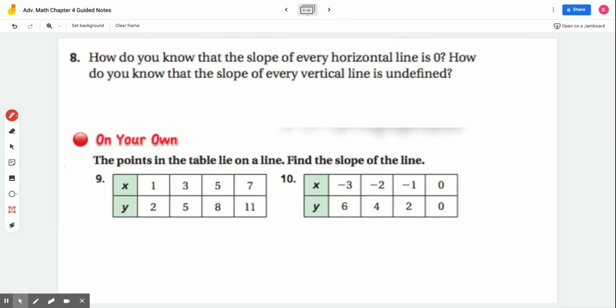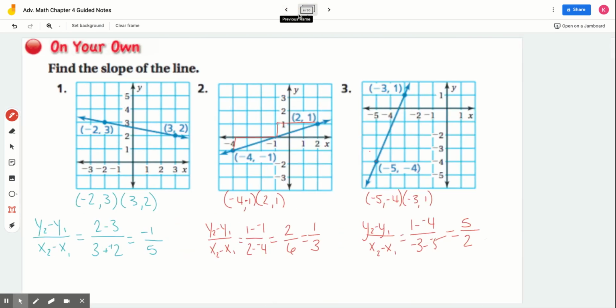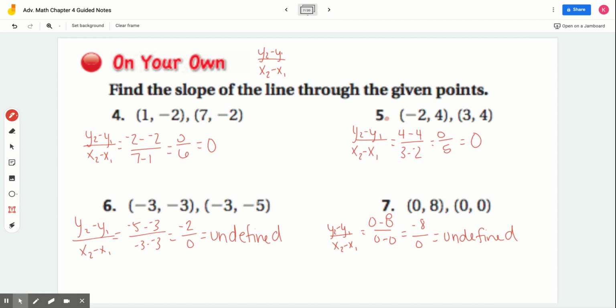How do we know that the slope of every horizontal line is 0? And how do you know that the slope of every vertical line is undefined? So if we go back and look at numbers 4 and 5, how did we know that these are going to be horizontal, by the way, going across like the horizon, how could we tell that these are going to have a slope of 0?